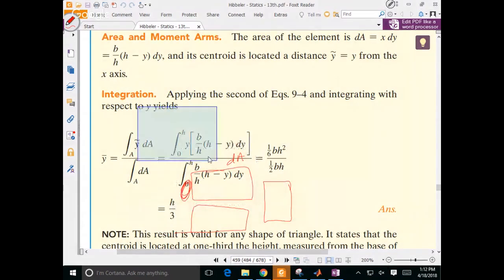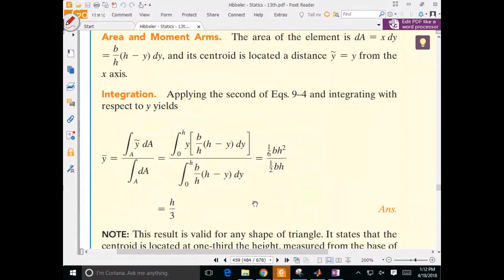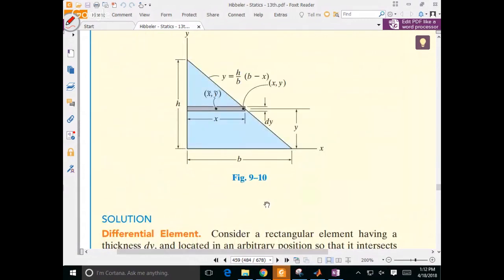If you did it off of the other one, h over 3 would sit right here. If you did it off of this, what you'd find is b over 3. And the centroid would sit right here in the middle of it. But the key is how you ran your bars. Did you run your bars horizontally or vertically? In this case, he did it for us, so I didn't really have a choice.